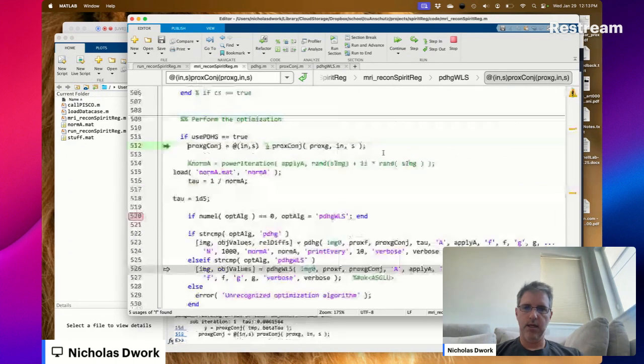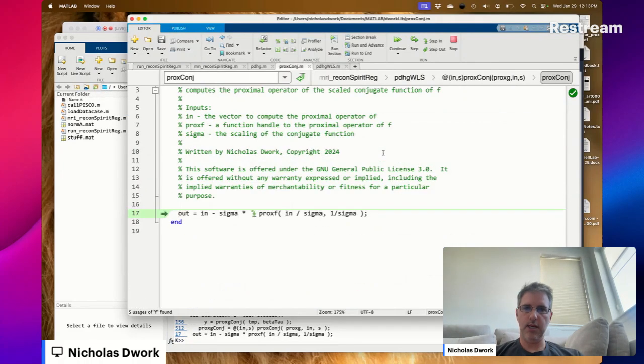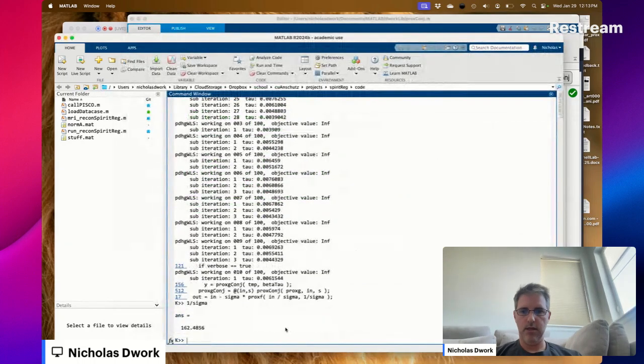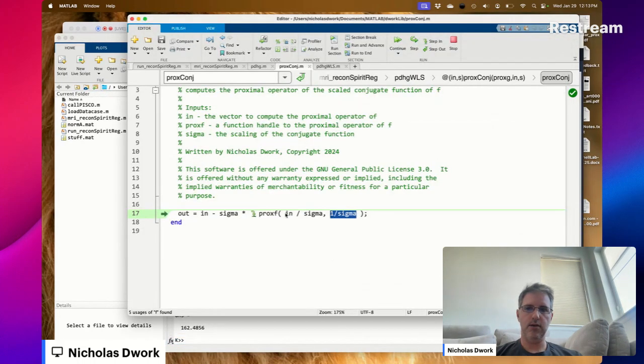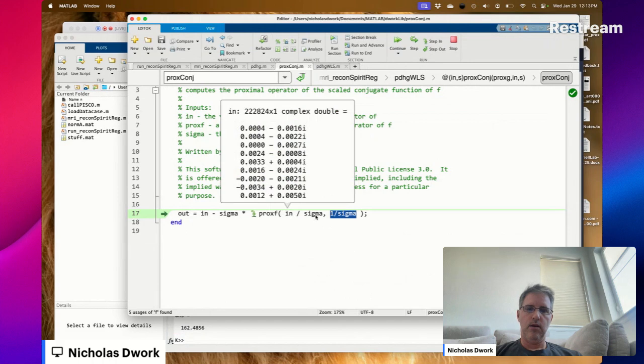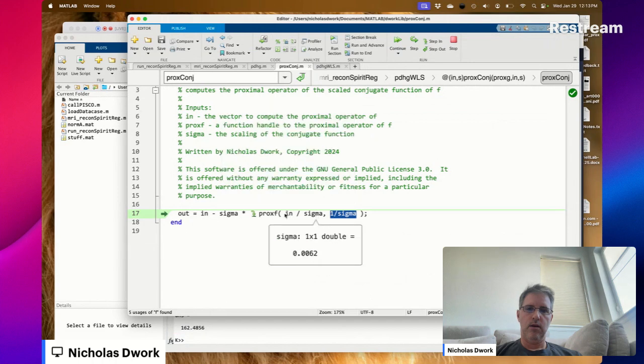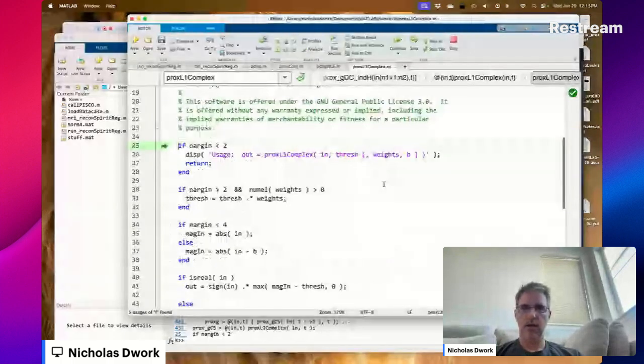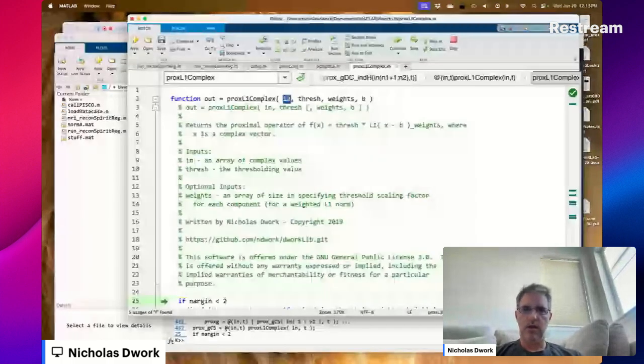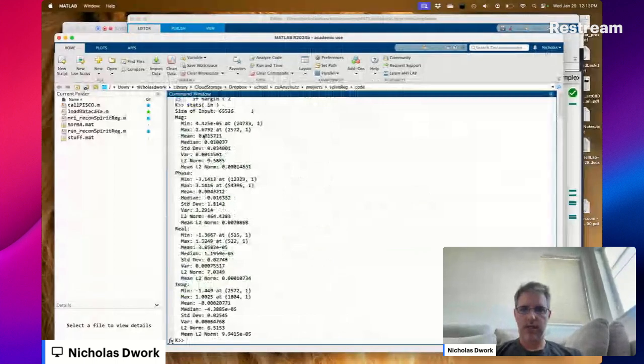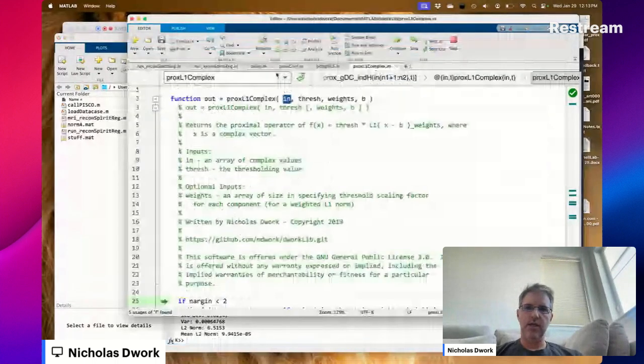So this is tiny. So when we go into the prox G conjugate, this is going to be large, 162. Oh, but we are boosting up the inputs. Okay. So this is like 0 to 1.5. And the threshold is 162.